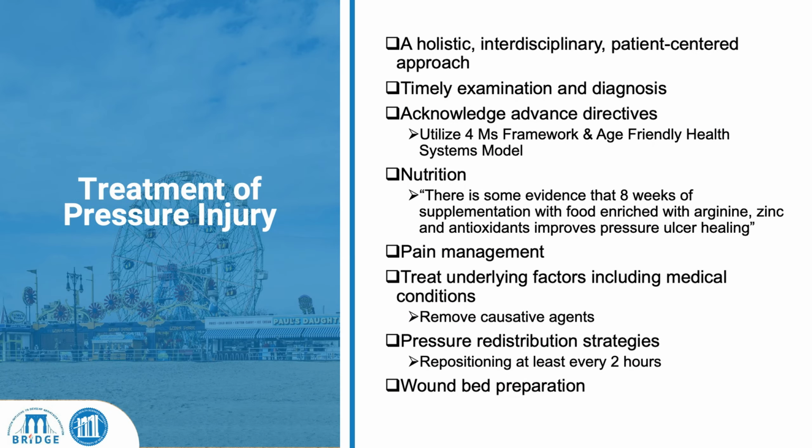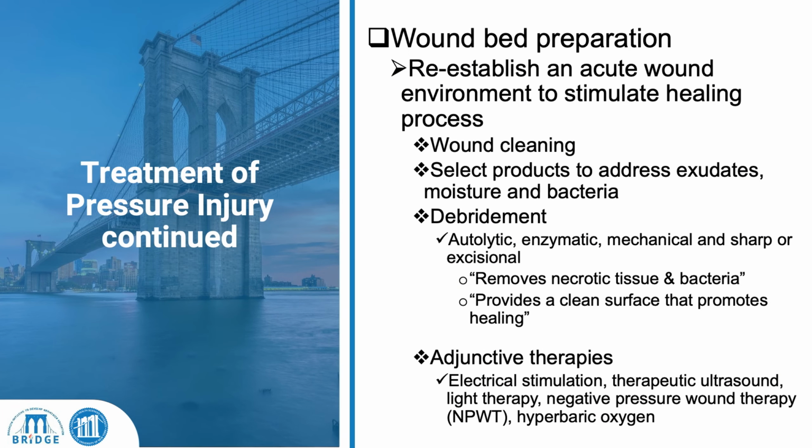And finally, wound bed preparation. So what is wound bed preparation? The principle of wound bed preparation aims towards reestablishing an acute wound environment to stimulate the healing process. What does this mean? Taking measures to clean the wound, and selecting products to address exudates, moisture, bacteria and bacterial overgrowth, and infection.